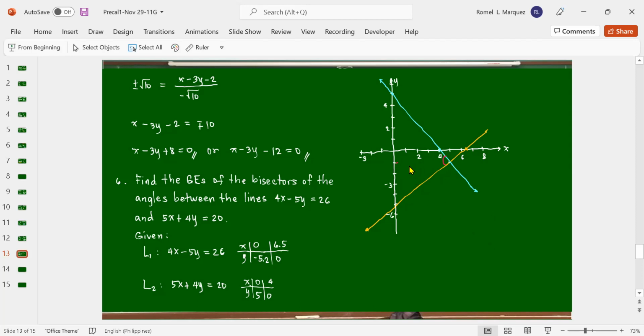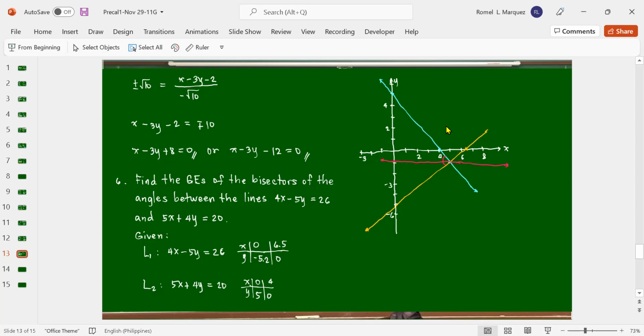I don't think this is a horizontal line, because the angles of inclination of the yellow and the blue are not 1 and negative 1 respectively.